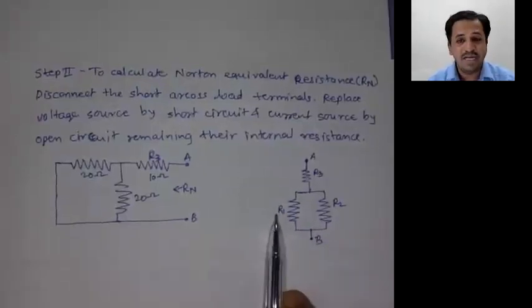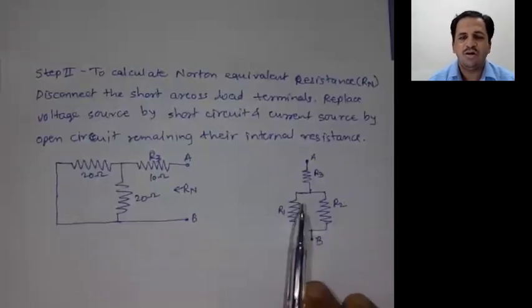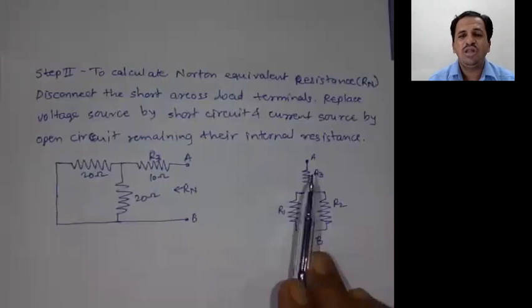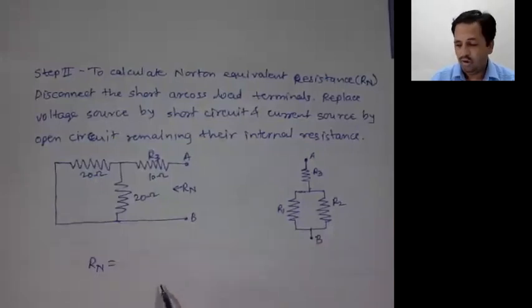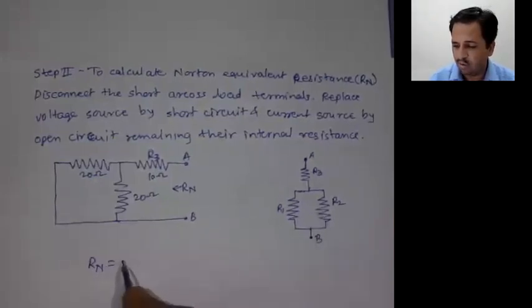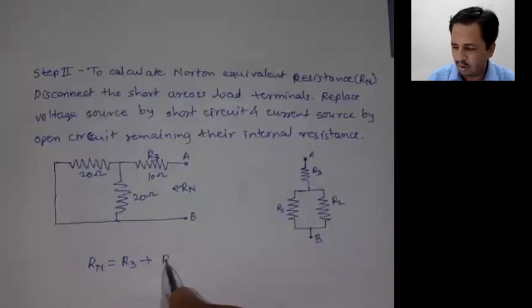R1 is parallel with R2, and that parallel combination must be in series with this R3, and it gives the equivalent resistance, that is RN. Now here we have to find the RN value. RN is equal to R3, meaning I have to start from this point. R3 must be in series with the parallel combination of R1 and R2.